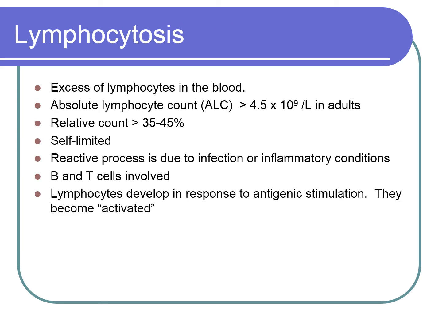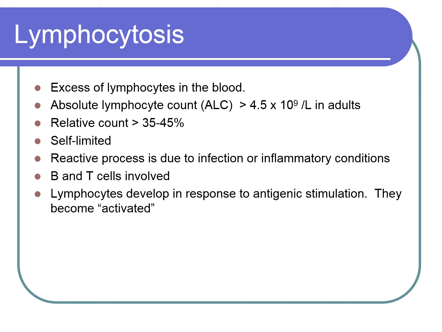As I told you before, if we have any disorder, we have either quantitative or qualitative disorders. In lymphocytosis, we have excess lymphocytes in blood, and the absolute lymphocyte count is increased, more than 4,500 cells per microliter in adults, and the relative count may be increased more than 45%.